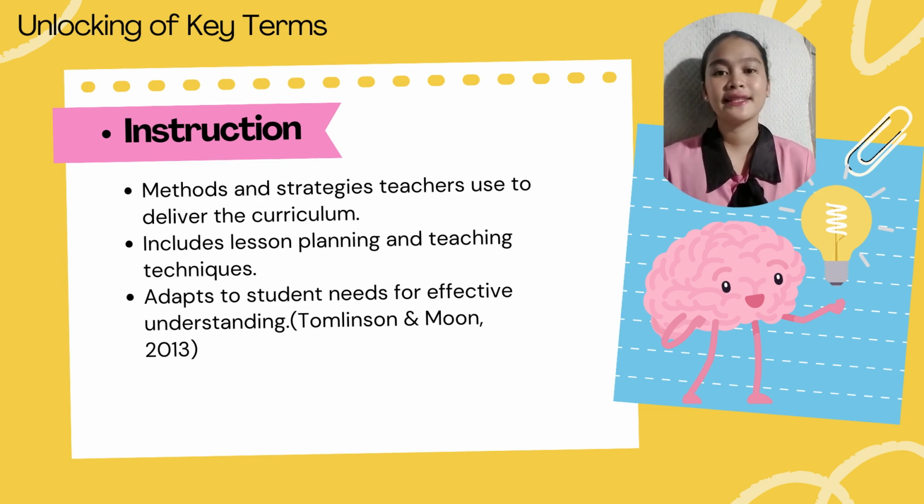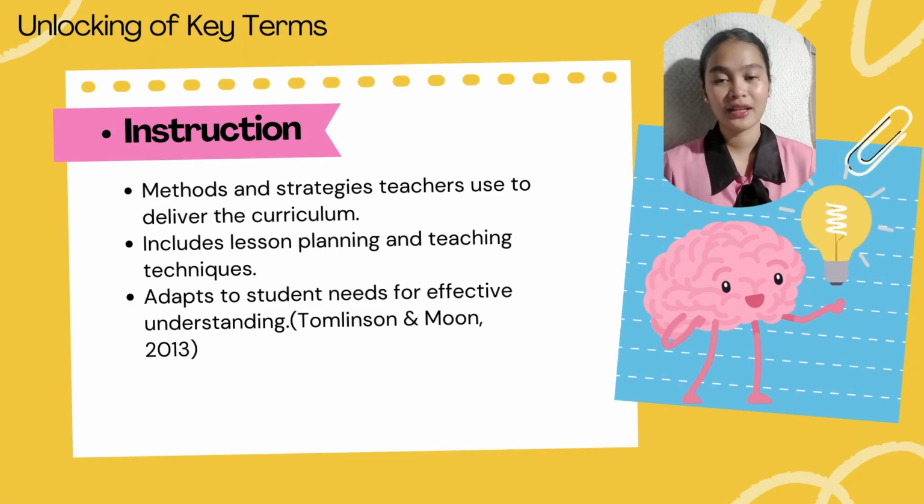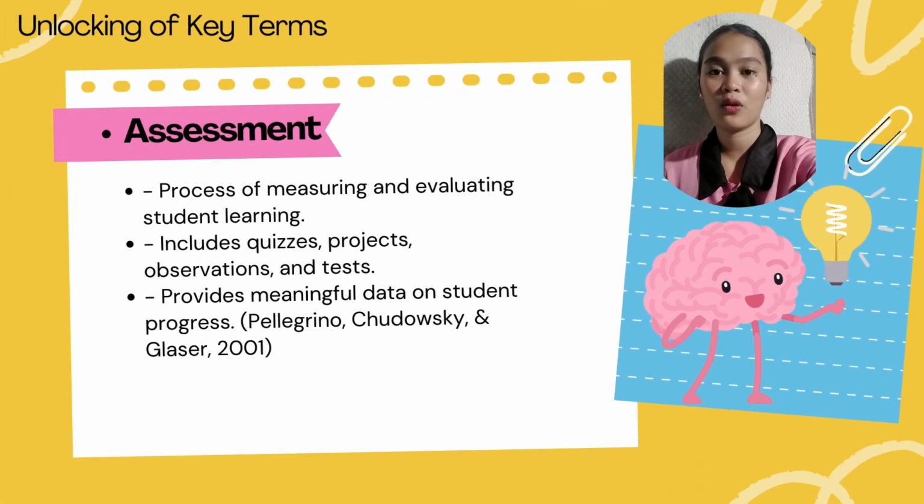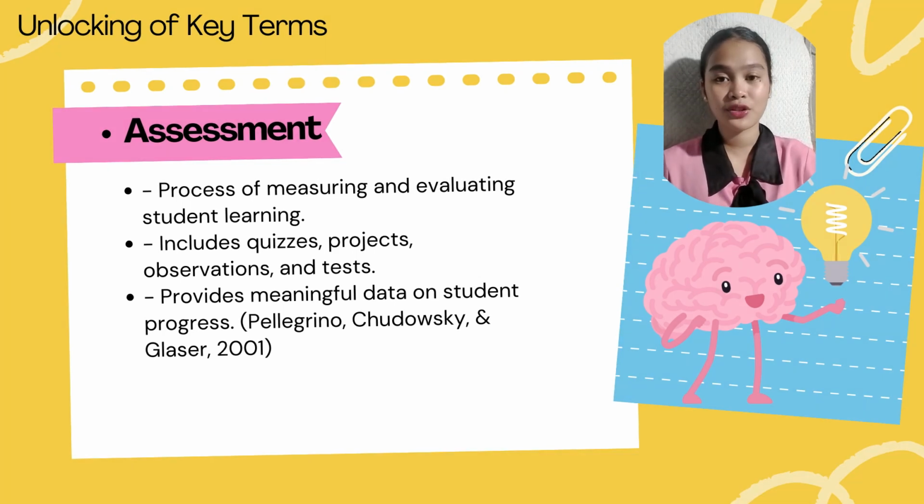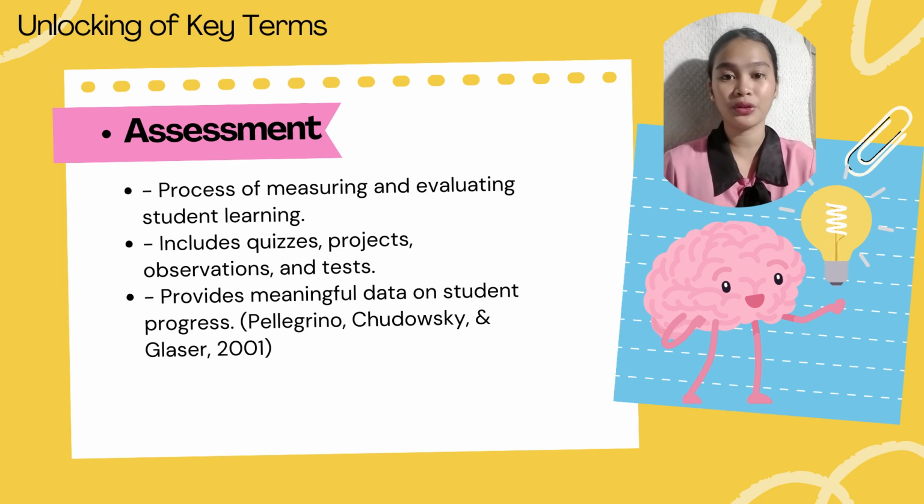Instruction is how teachers deliver this curriculum through lesson planning, teaching techniques, and activities designed to help students engage with and master the content. Next is assessment. Assessment measures student learning to determine if the competencies outlined in the curriculum have been achieved.